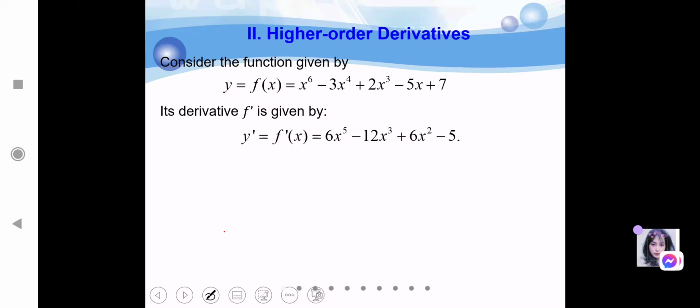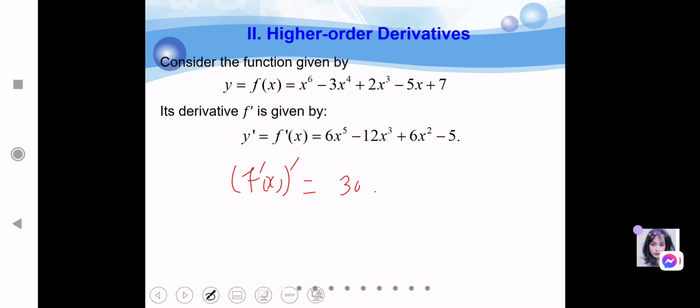Okay, and so f prime is a new function, and we continue to take the derivative of f prime.